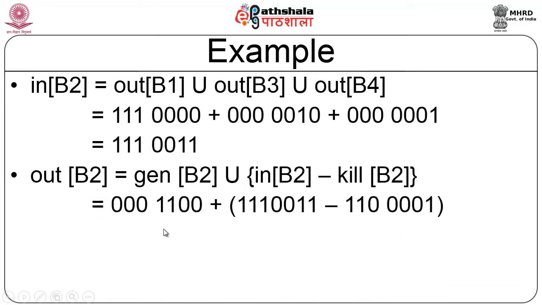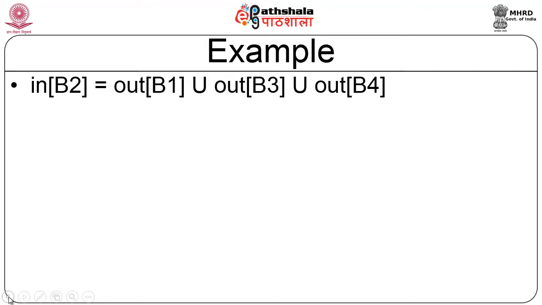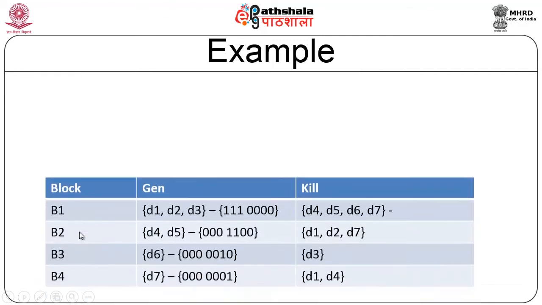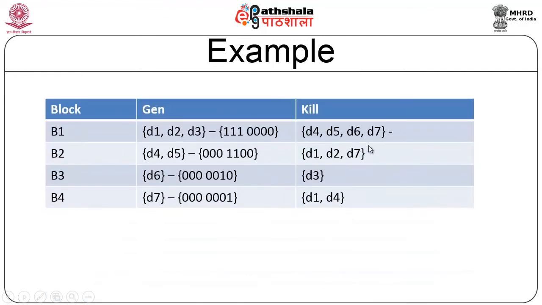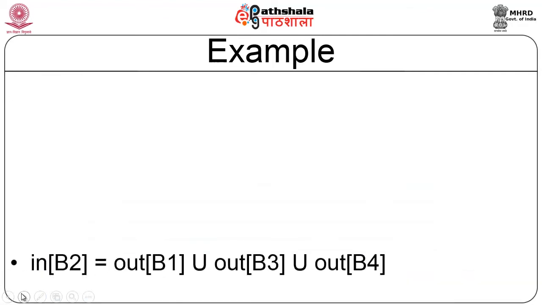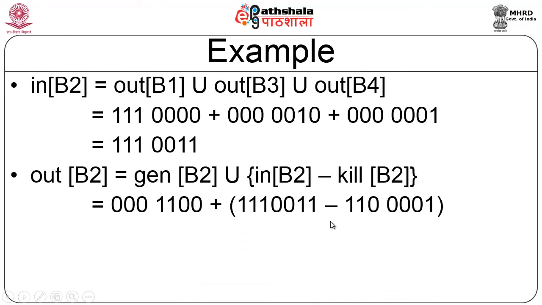Gen of B2: block B2 defines 2 statements D4 and D5, therefore, they are set to 1, and in of B2 we have just now computed. Kill of B2: it defines D4 and D5, therefore, it is going to be setting D4, D5 as defined. Now, as you could see here, kill of B2 is D1, D2 and D7.